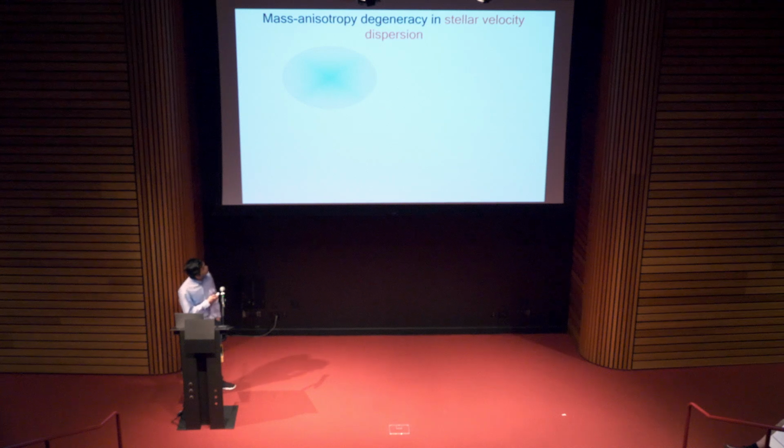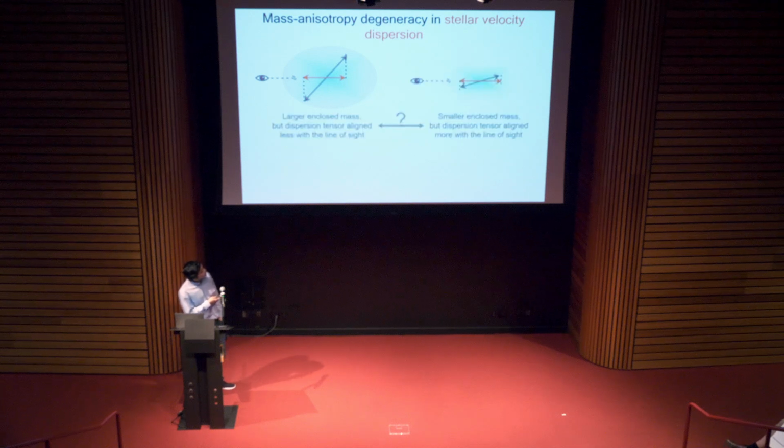So we can have a bigger enclosed mass, and the velocity dispersion tensor is less aligned with the line of sight. In another scenario, we can have a smaller enclosed mass, but the velocity dispersion tensor is more aligned with the line of sight. So this could give us the same single aperture velocity dispersion.